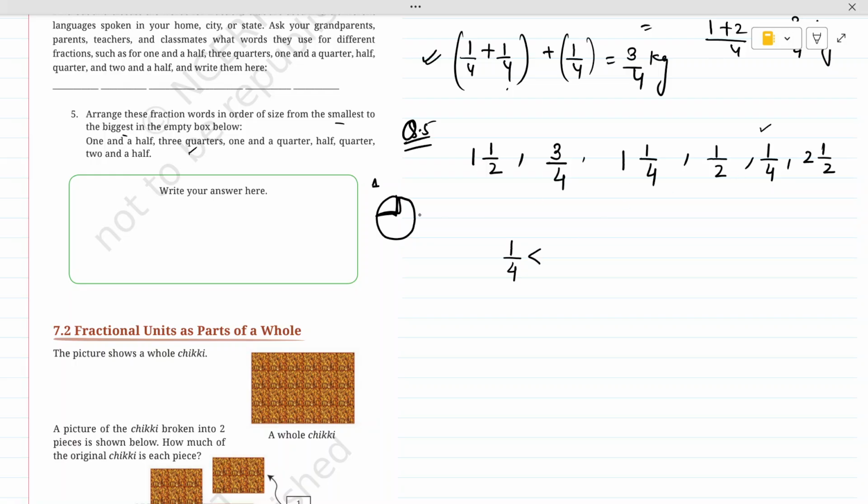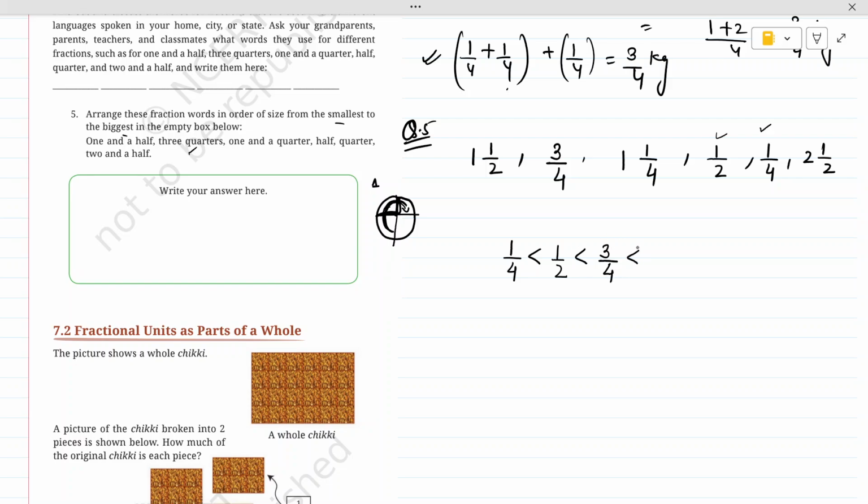After that, we have half, which will contain these two. Next, we have 3 by 4, that means 3/4, this much area. So this is 3 by 4 given to us.